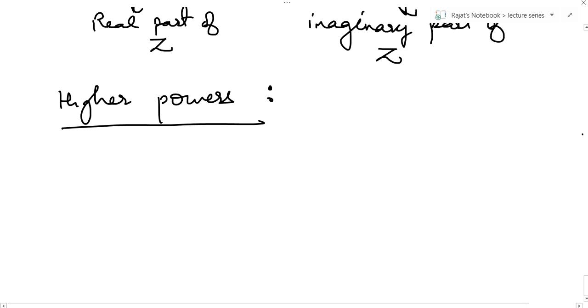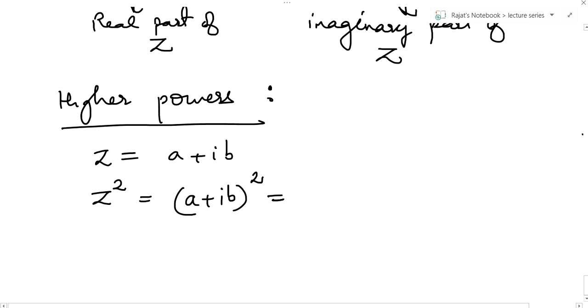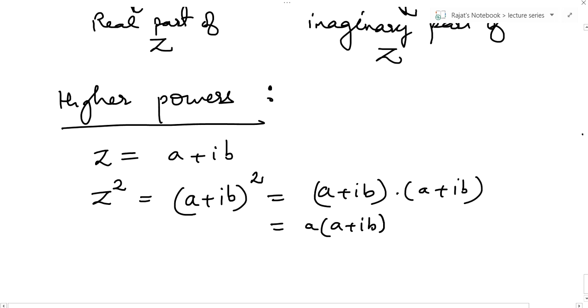Suppose you have a complex number z, a plus ib. What will be z square? z square will be a plus ib whole square. For all the mathematical operations, you follow the same process, there's no difference, in addition, subtraction, multiplication, division. The only new thing was the rationalization. In square also you just multiply a plus ib into a plus ib.